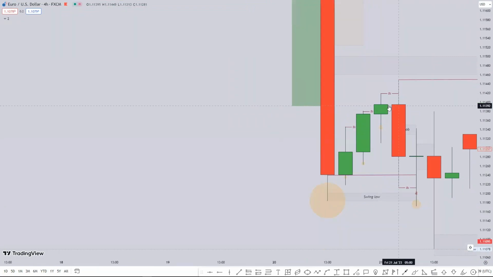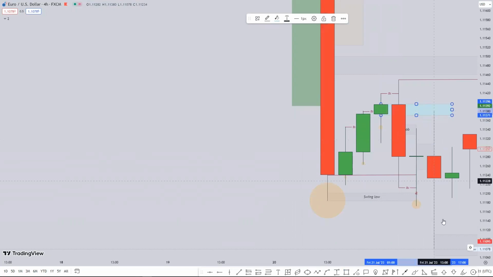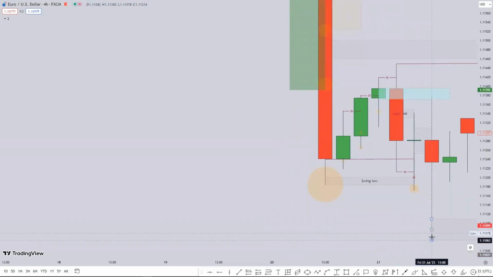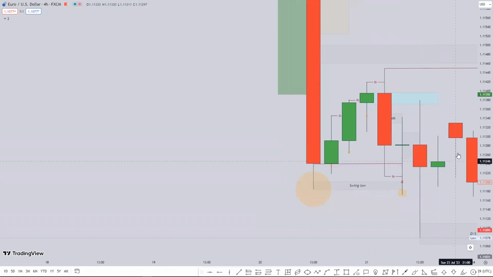It went up to this OB, which we spotted as our OB. The market went in and then dropped all the way down here to create a new low, and then rejected in this area and went up again.